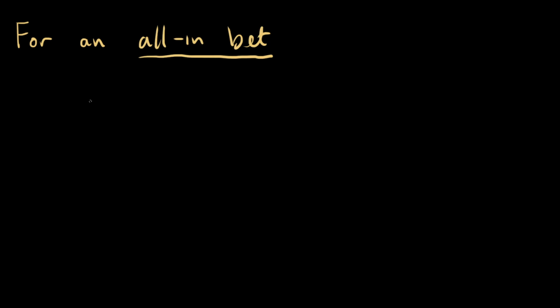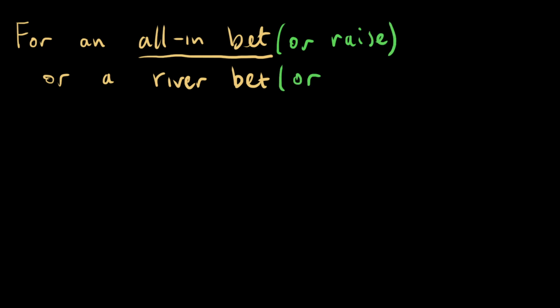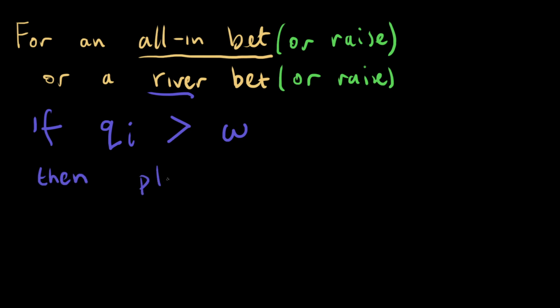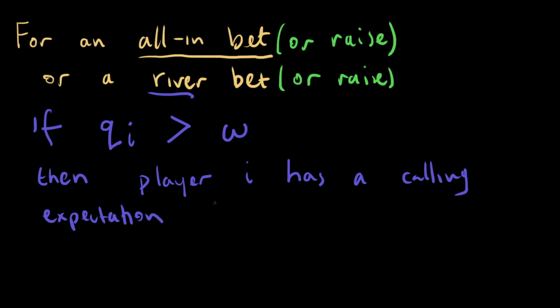So we have this statement that for an all-in bet, or a river bet or raise, if the equity for player i is greater than the pot odds that they receive, then player i has a calling expectation greater than 0, or greater than folding.